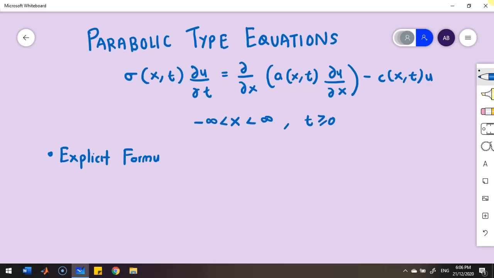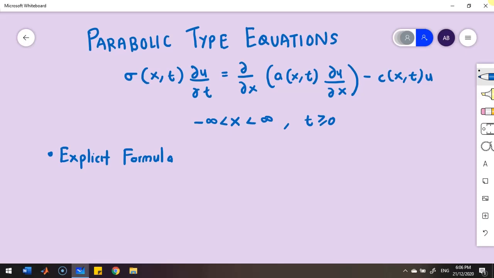Now the derivation of this explicit formula I am not going to give, but you can watch my previous videos on solving heat equation. Okay, by the way, the parabolic type equation consists of heat equation.